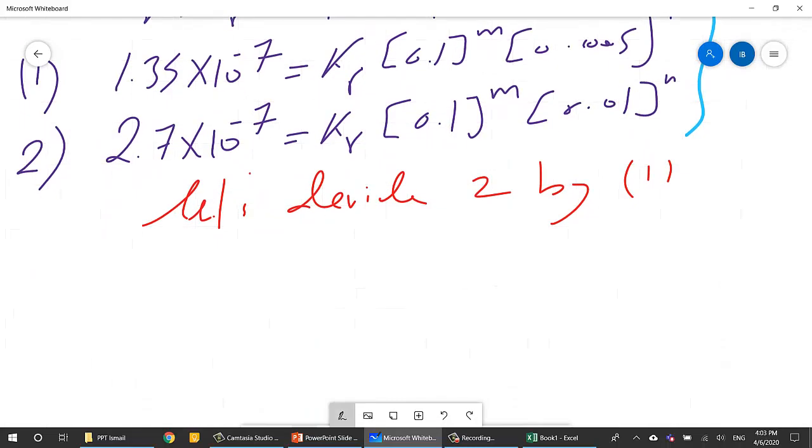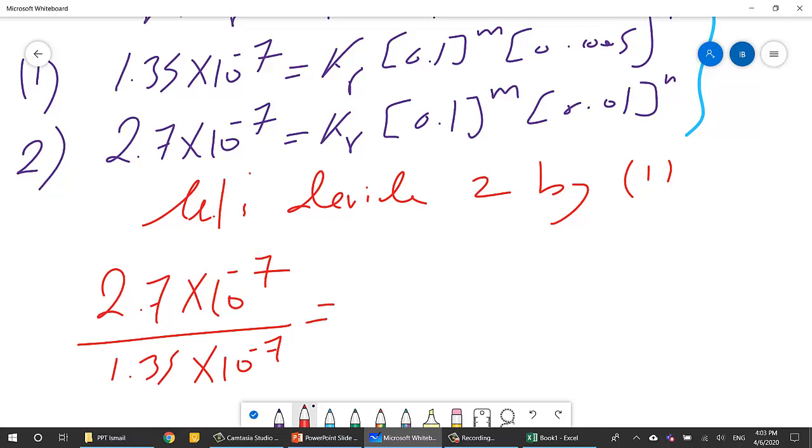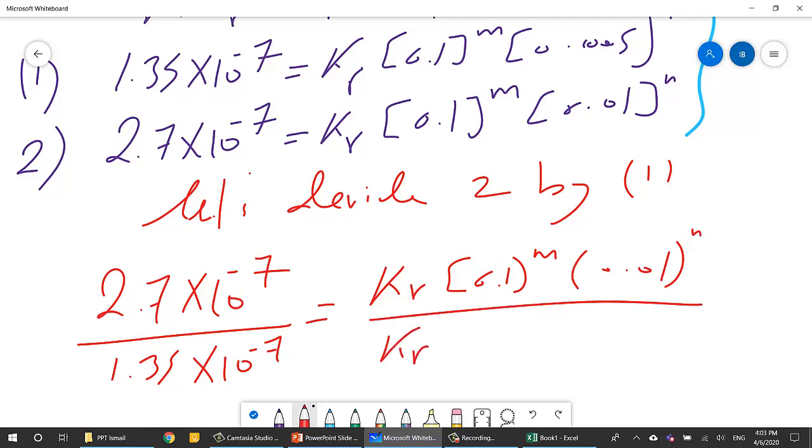If you do that, you're going to have 2.7 times 10 to the minus 7 divided by 1.35 times 10 to the minus 7 is equal to Kr for the second equation, which is 0.1 power m times 0.01 power n, divided by Kr for the first one, which was 0.1 power m, 0.005 power n. Many things cancel out, which is good. The Kr goes with the Kr.